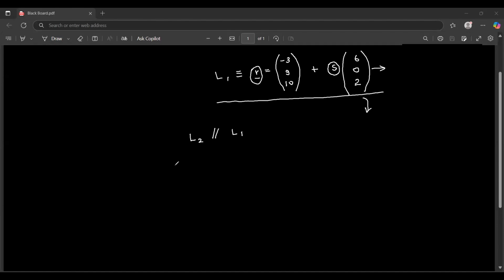So the direction vector of L2 is equal to (6, 0, 2). And we have to find the position vector of L2. If we find that, the question is over.